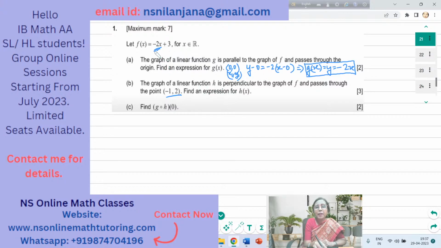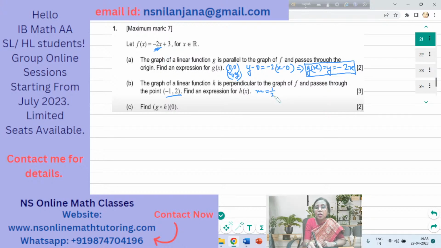Since it is perpendicular, it will have the gradient as the negative reciprocal of this gradient. So the gradient m will be the negative reciprocal. This gradient is already negative, so I have to take the negative of that negative number, which will be positive. And the reciprocal of 2 is half.